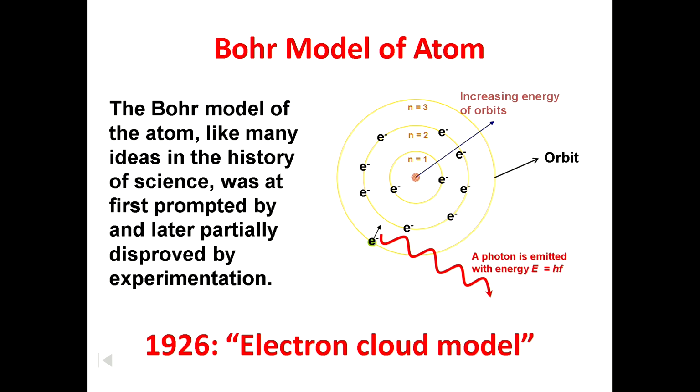So this is about the Bohr model of the atom. And now the most recent one is called the electron cloud model. It was raised in 1926. And we will also introduce this model in the other chapters.